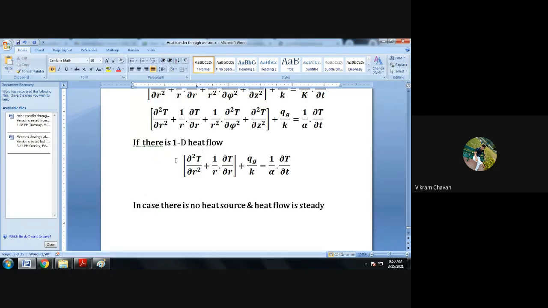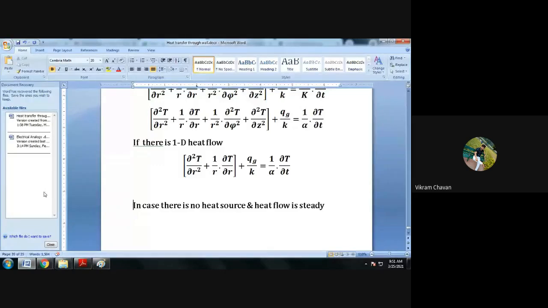Okay, this is how we have converted three-dimensional conduction heat transfer into one-dimensional conduction heat transfer. Now the next case is in case there is no heat source and the heat flow is steady.